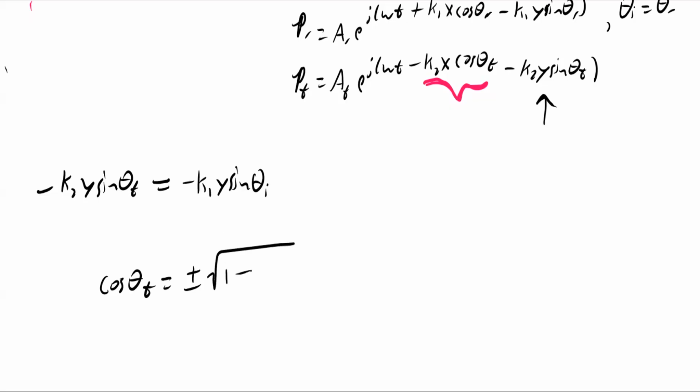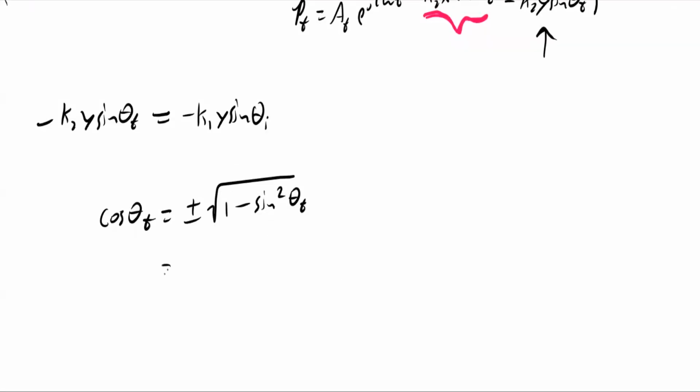So we can write that as the square root of 1 minus sine squared theta t. If we invoke Snell's law again, we can write this as plus or minus the square root of 1 minus C2 over C1 squared sine squared theta I. This is by Snell's law.